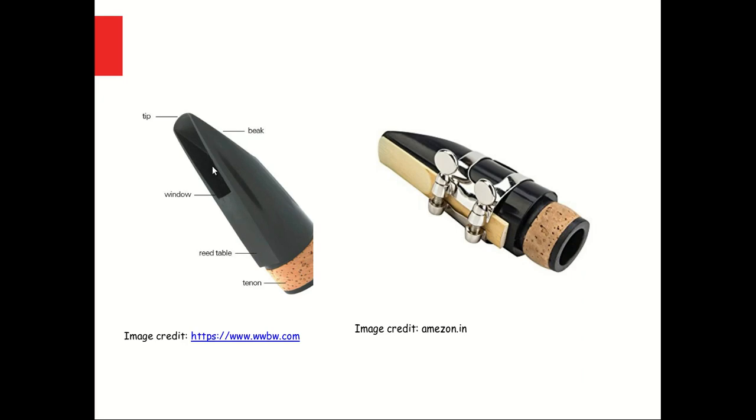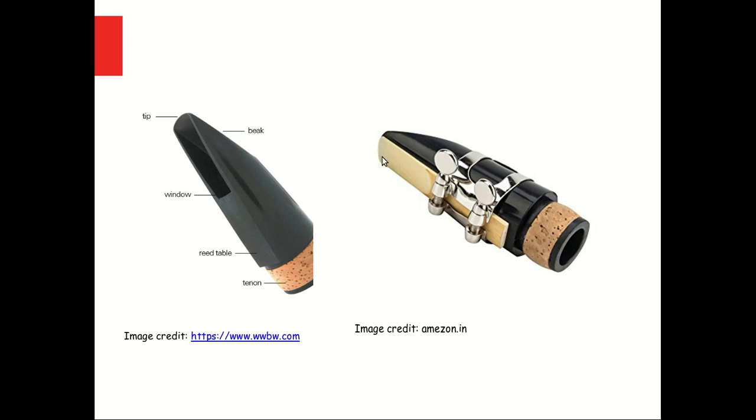So what will happen? A player will blow some air into this part of the clarinet. Due to this, vibrations are set into this reed part, which is nothing but a very thin strip of wood.